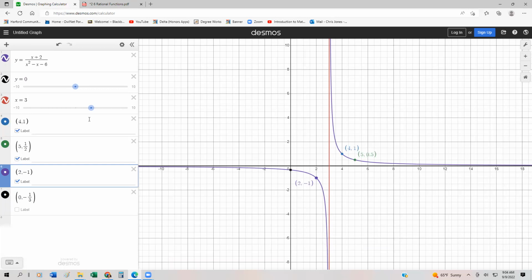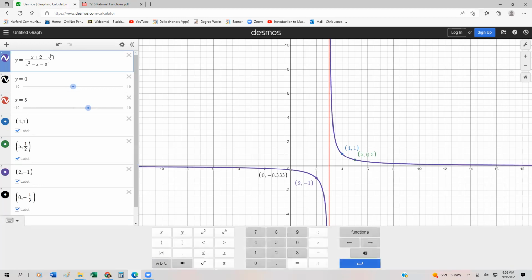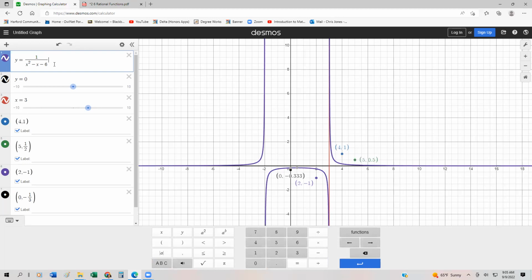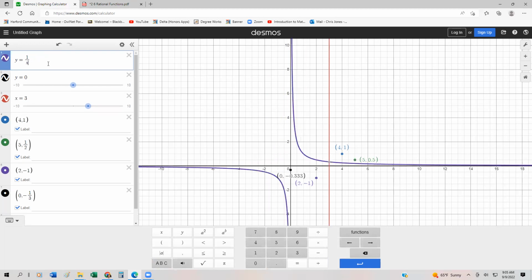All right. Now, last thing I want to do is let me go through and plot the simplified version of the function as well. All right. And I'm going to keep all these points, and I'm going to keep the asymptotes. All right. And I'll show you the difference as to what happens. So I'm just going to change this into 1 over x minus 3. All right. And I want you to notice that we have almost the exact same function as the unsimplified version.